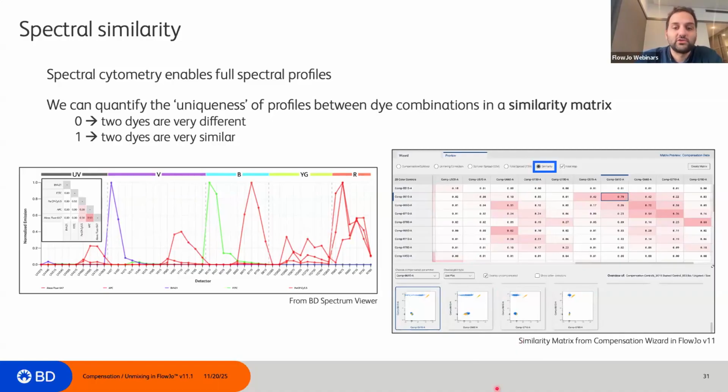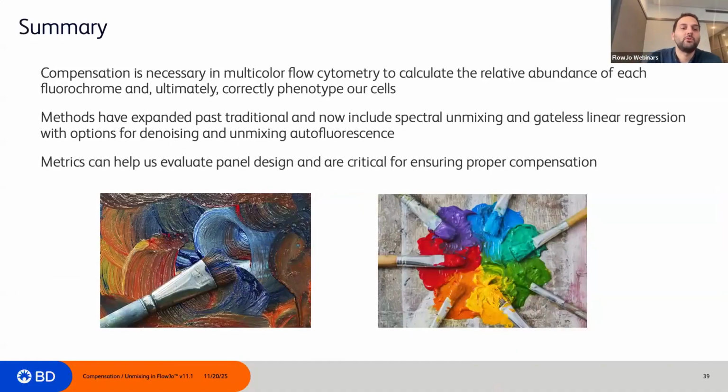So just to summarize before we go to the demo, I hope I could convince you how important compensation is, and how necessary in multicolor flow cytometry, in order to calculate the antigen density on our cells and correctly phenotype.